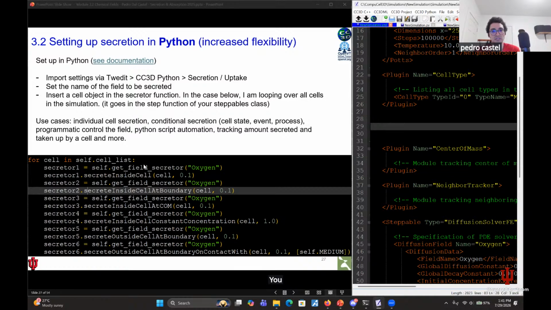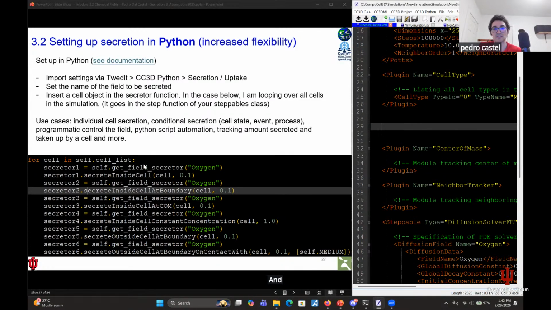You can manipulate all the parameters and how the cell secretes things. For example, let's say you want to toggle between many modes of secretion automatically from another script. You will use Python implementation for this.